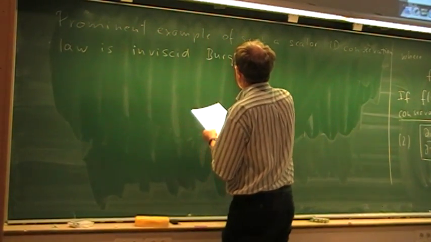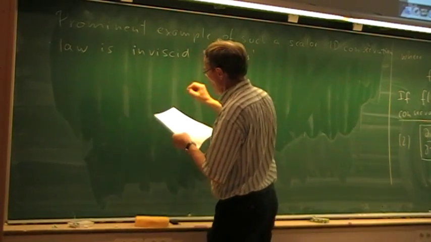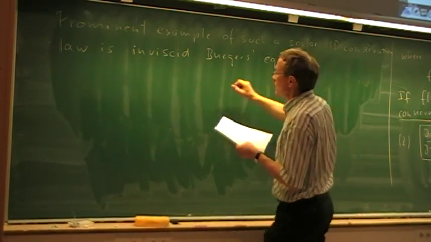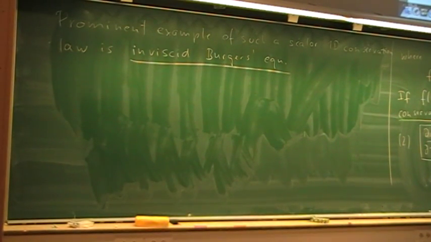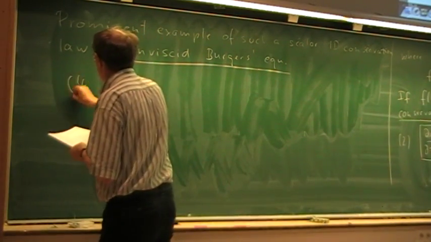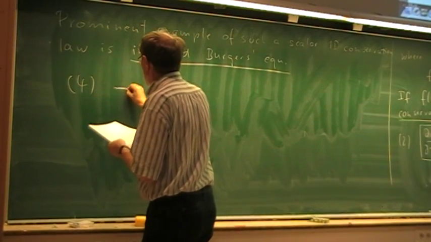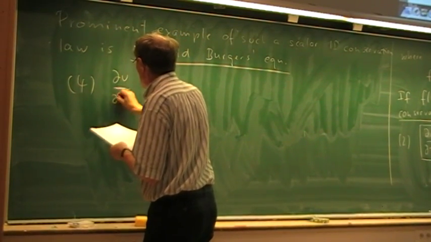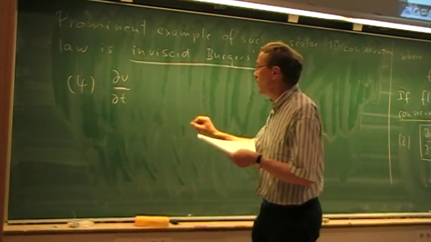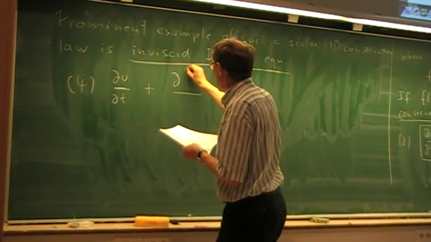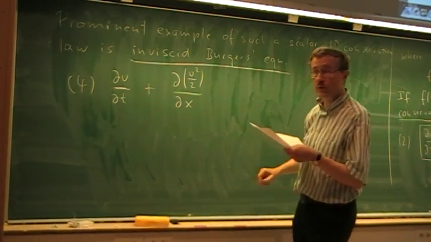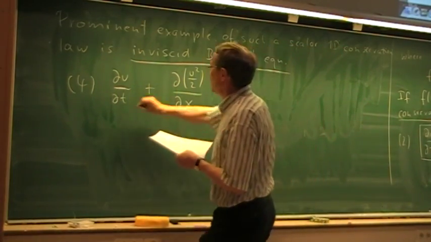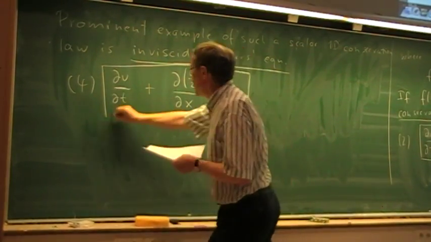That is after the Dutch scientist Burgers. There's now also a Burgers Center in the Netherlands, where they also deal with fluid mechanics. And it looks like this. It is du dt, the time derivative of our conserved variable, plus the derivative of the flux function, which is now u squared half. So that is our f of u. Is equal to 0. So that is the inviscid Burgers equation.